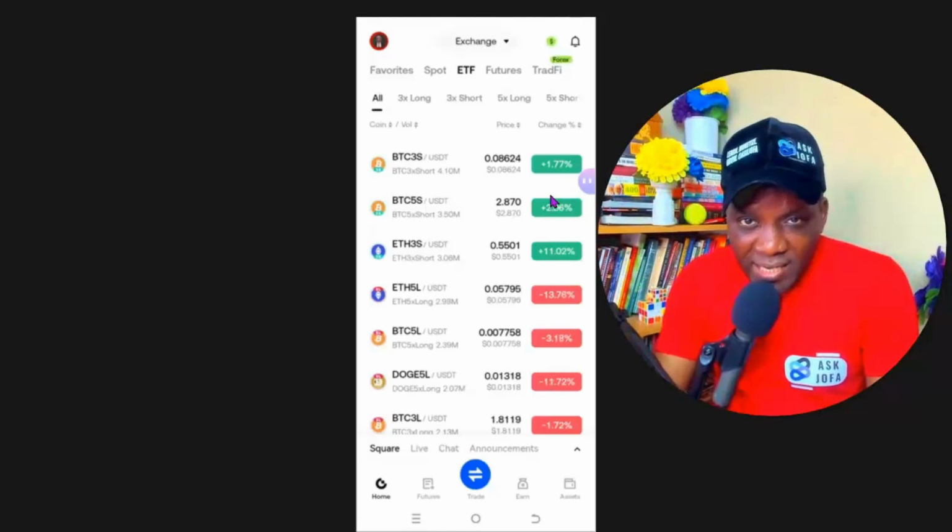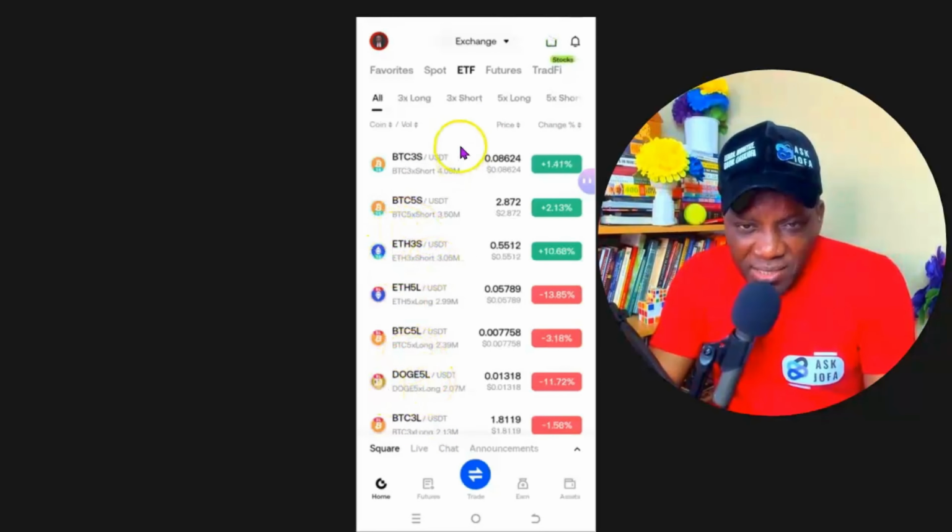All you need to understand is that Bitcoin is the real asset when you are talking about BTC3S and BTC3L. And if you are talking about the other leverage tokens, Ethereum is the real asset, Doge is the real asset. But every one of these leverage tokens is a trading tool on this platform.